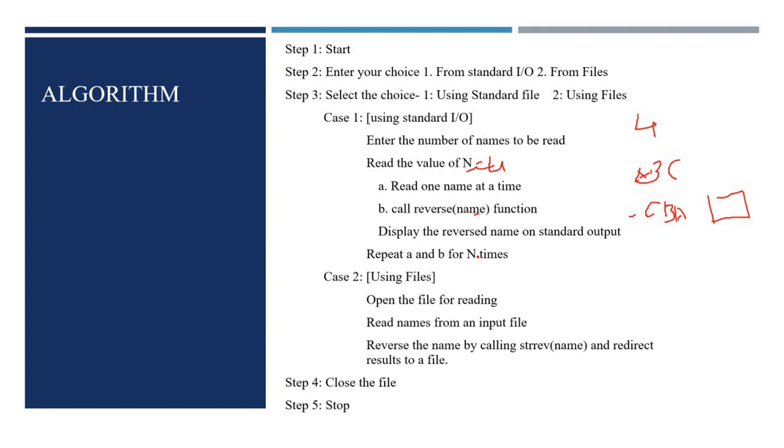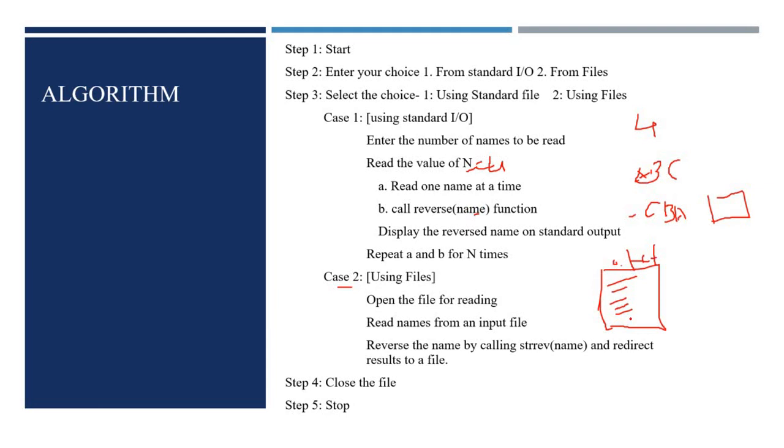If the user has chosen the second case, that is using files, the user should be asked to enter the name of the file. For example, a.txt can be the file name. The file should contain the list of names.